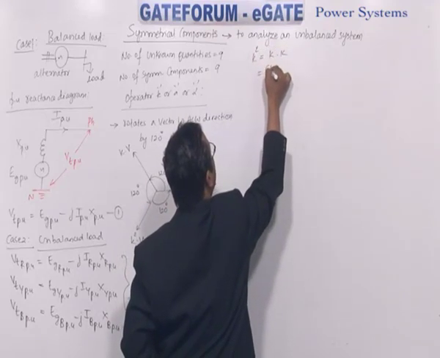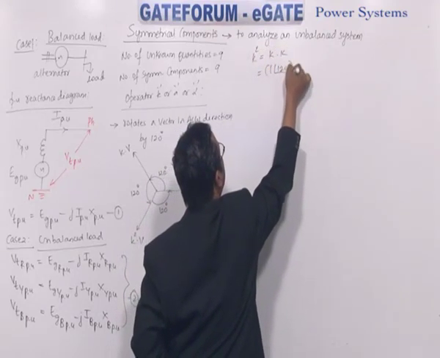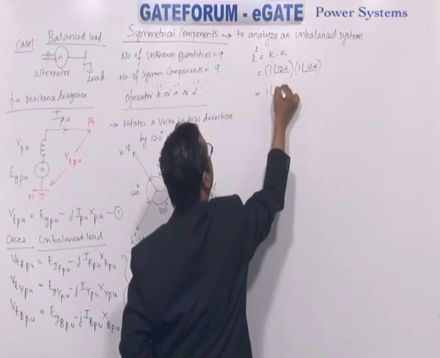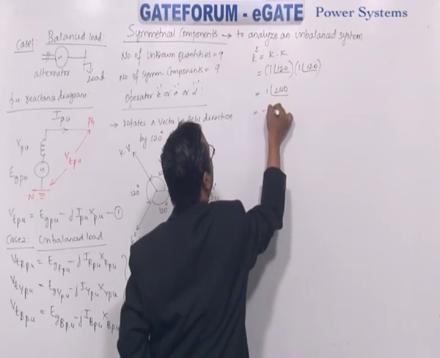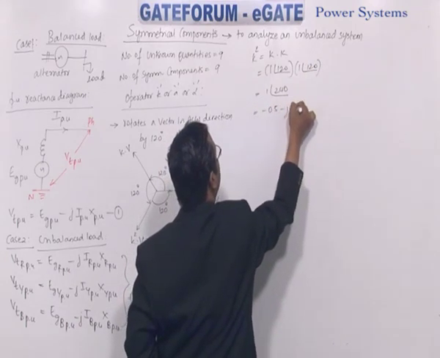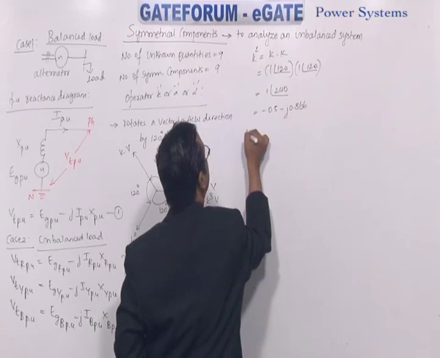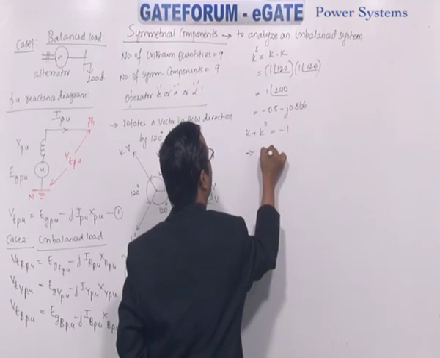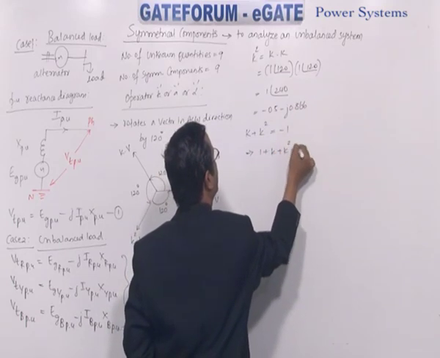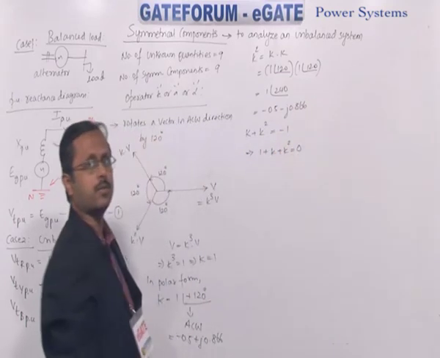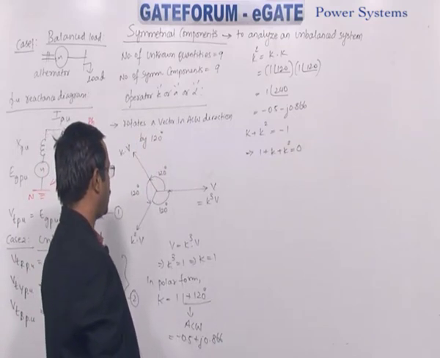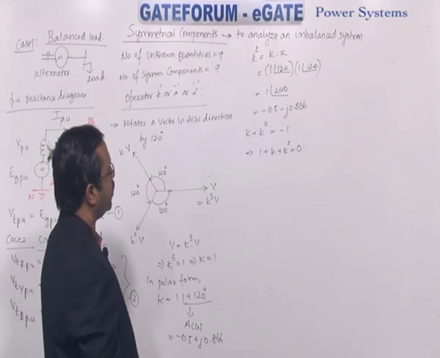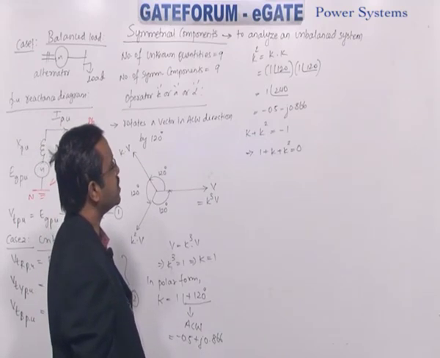K into K: 1 at angle 120 times 1 at angle 120, which is 1 at angle 240, or minus 0.5 minus j 0.866. Add K and K square, it is minus 1. So 1 plus K plus K square is 0.